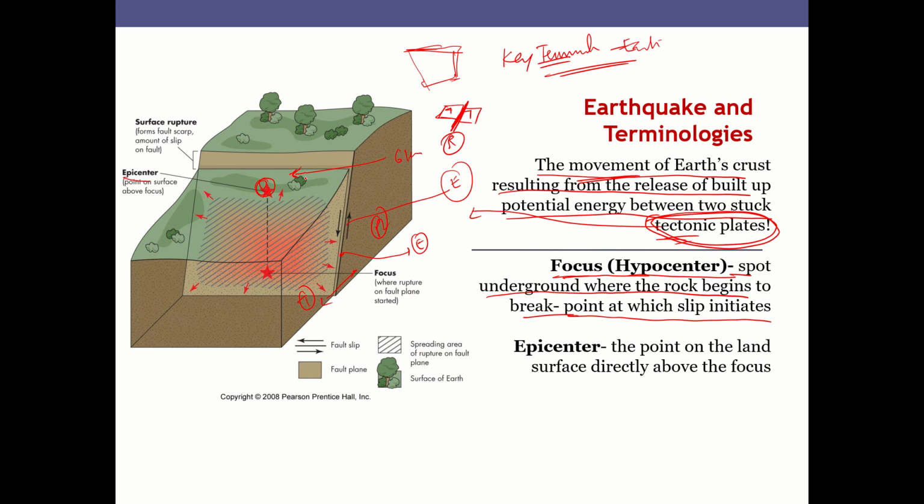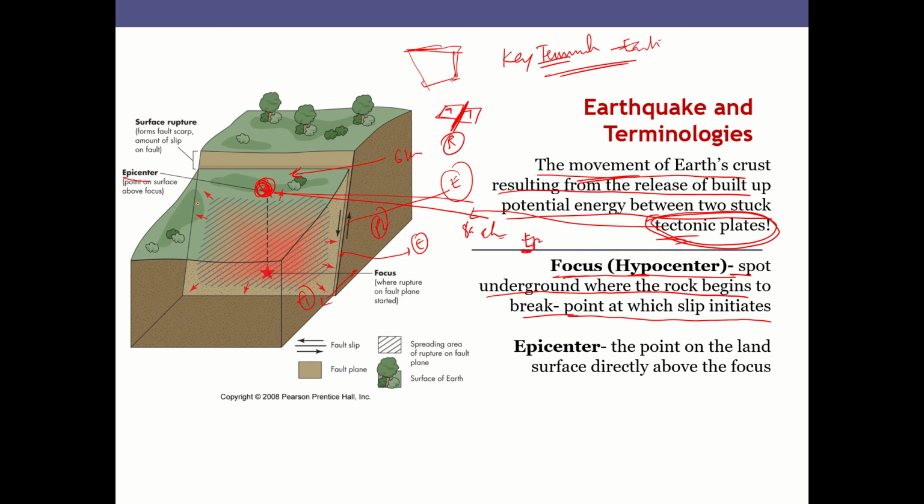If you read newspaper clippings or an announcement, they say the epicenter was located 5 kilometers from Chennai or something like that. So we give a spatial reference to the epicenter of the earthquake.